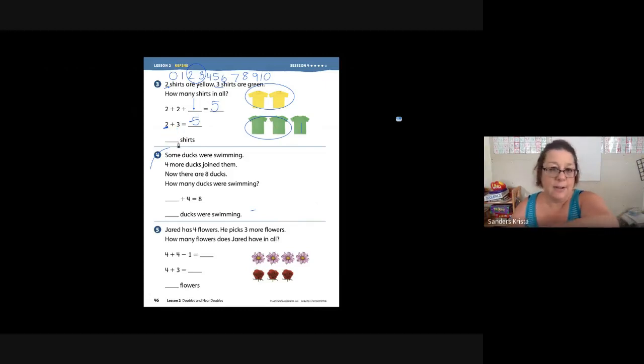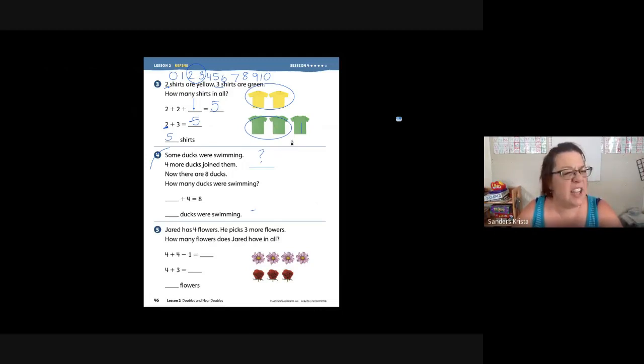Number 4 says some ducks were swimming. Some. We don't know how many that is, right? So I'm going to put that line right there representing my mystery number. Some ducks were swimming, right? And 4 more came.